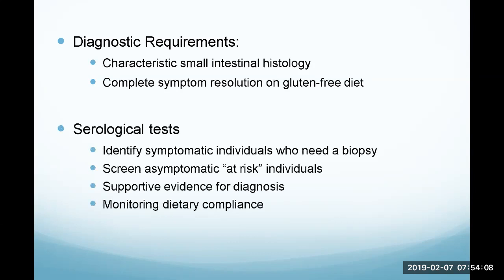Serological tests are basically to help us get to the goal, monitor the dietary compliance, identify high-risk patients, and so on and so forth. But the diagnostic requirements on the silent disease, they don't have those.